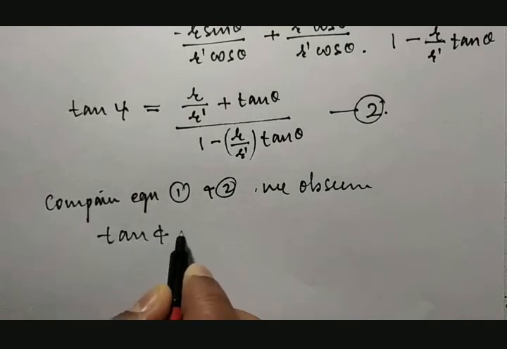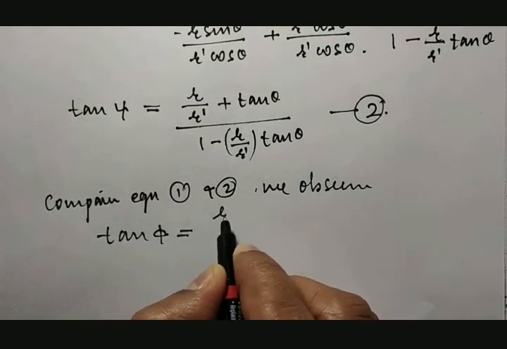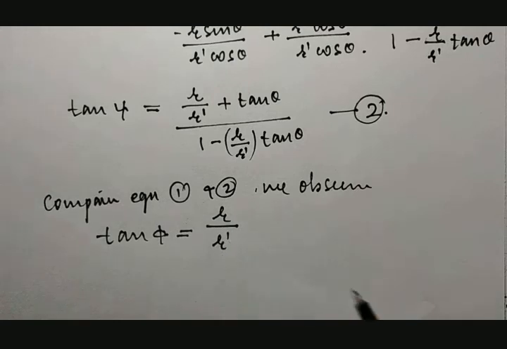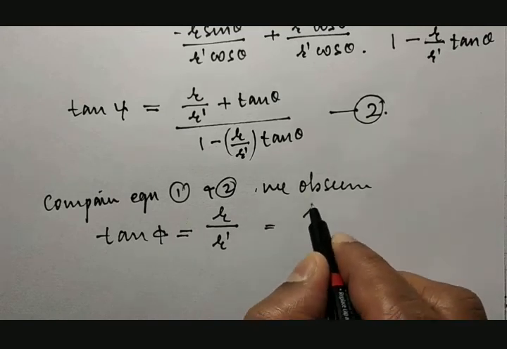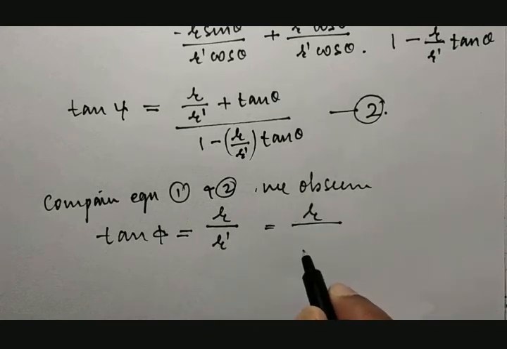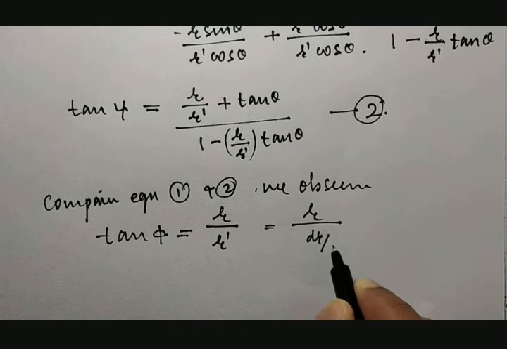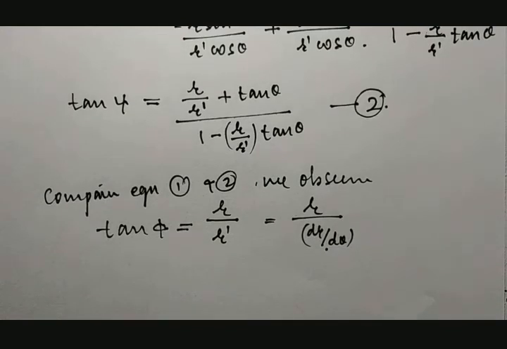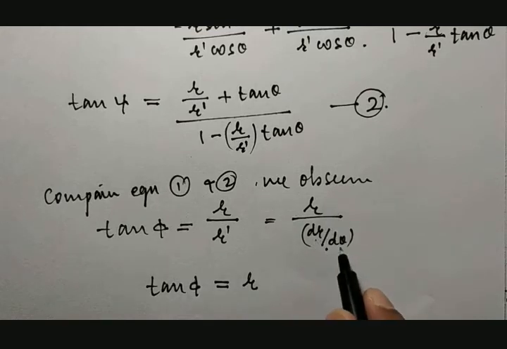tan phi is equal to r divided by r dash. This r divided by r dash can be taken as r divided by dr by d theta, since r dash is nothing but dr by d theta. Therefore, tan phi is equal to r into 1 divided by dr by d theta.